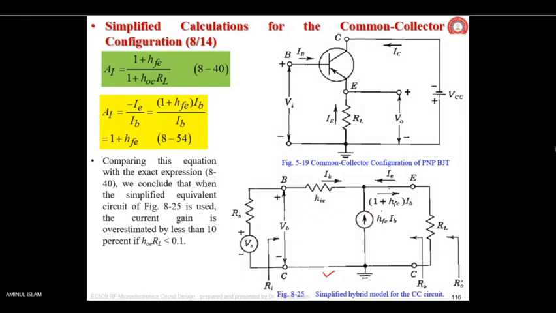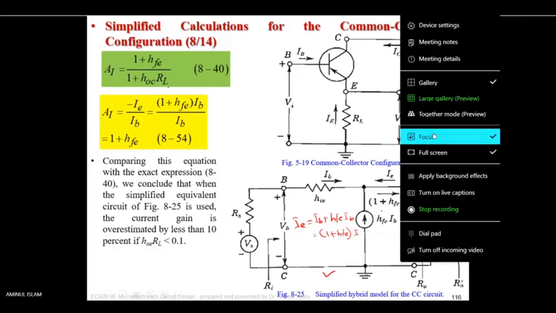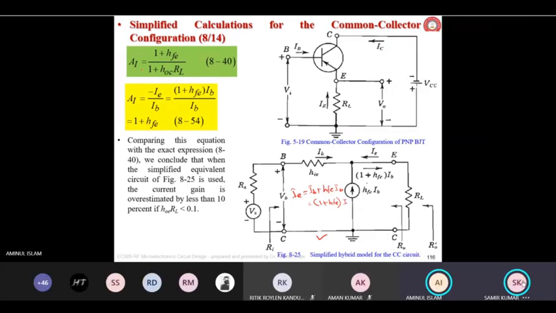Now IE is the summation of IB plus HFE IB, which is nothing but 1 plus HFE times IB. Hence the current gain within the approximation model is minus IE divided by IB.